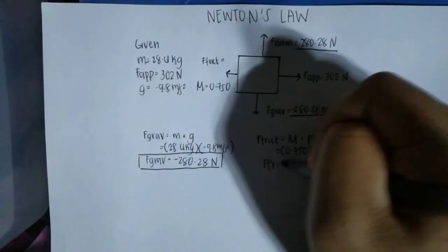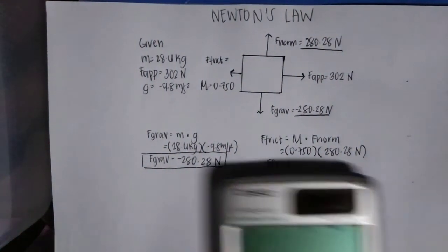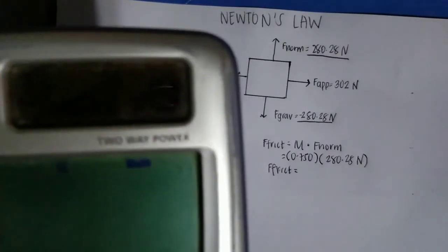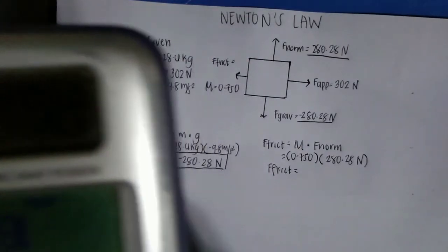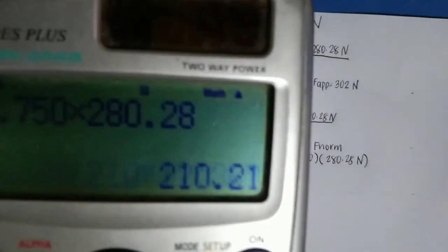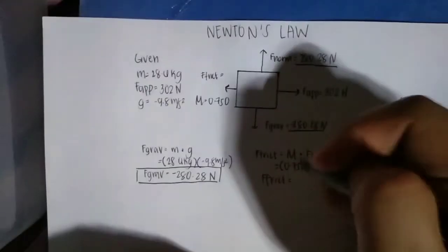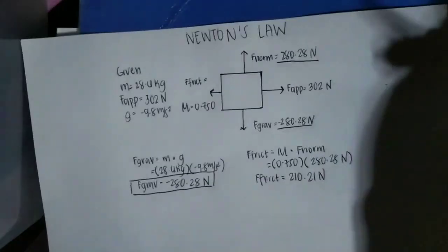So F fric is equal to 0.750 times 280.28. We have the value of 210.21 newtons.